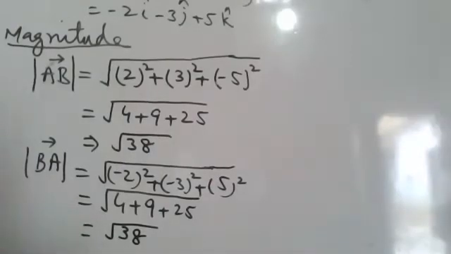We take the square of the i component plus the square of the j component plus the square of the k component, take the sum of all the squares, and then take the square root of the sum.